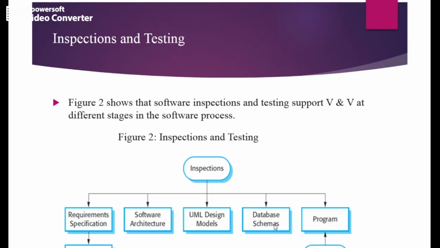Then database schemas: suppose your software is related to a database, it has some connection with the database. If your project needs a database, then you are going to use the database there. So you have to create a database and then there will be tables in that. All those schemas you are going to inspect.